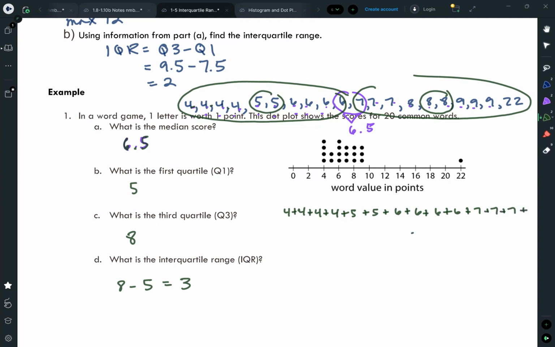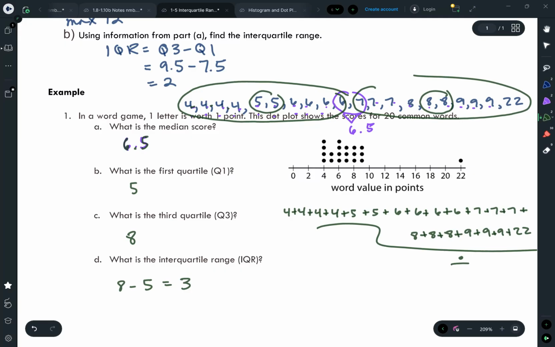Plus, next line down, plus 8, plus 8, plus 8. This is really not looking good because I'm running out of space. So we're adding them all together, right? And then after we add them all together, we're going to take that whole thing and divide by how many there are, which is 20.